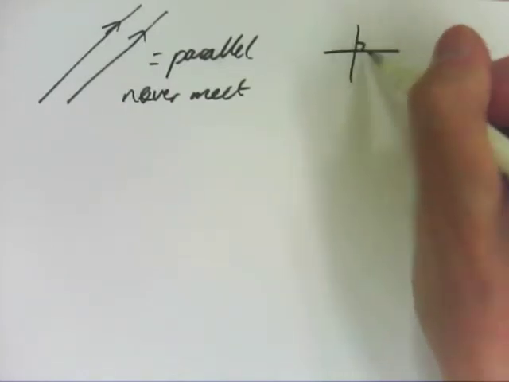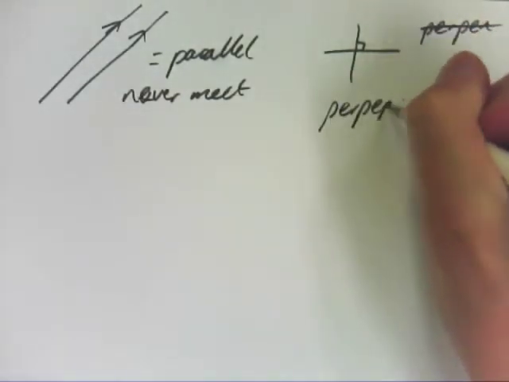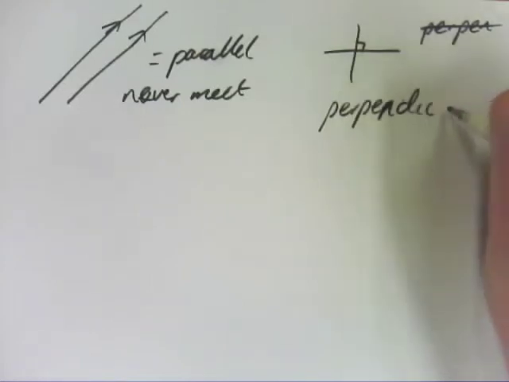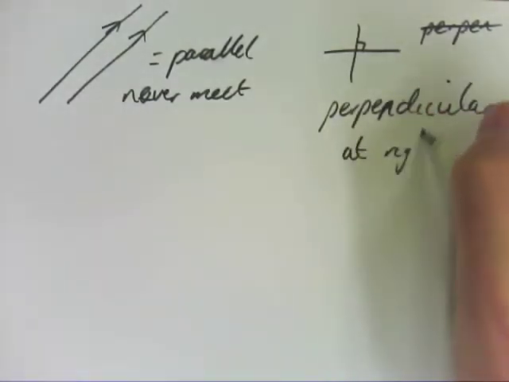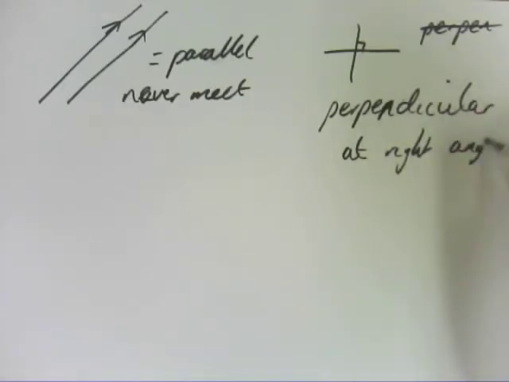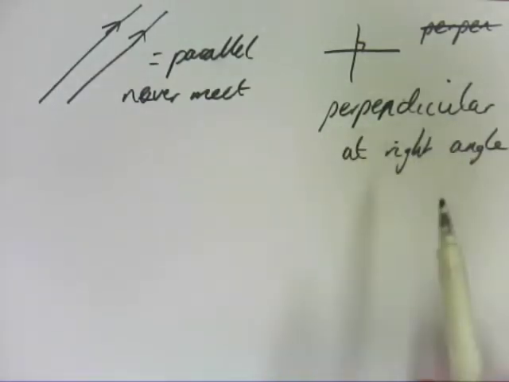There is a perpendicular symbol. I'm not going to fit it there, I'll write underneath. Perpendicular means at right angles. So parallel lines will never meet. Perpendicular means they're at a right angle.